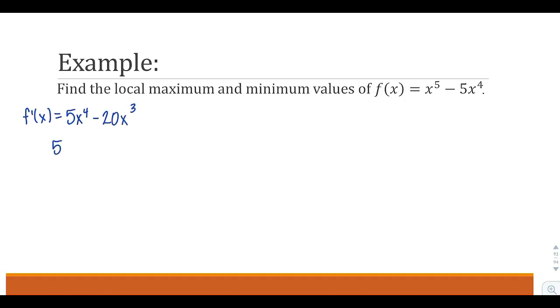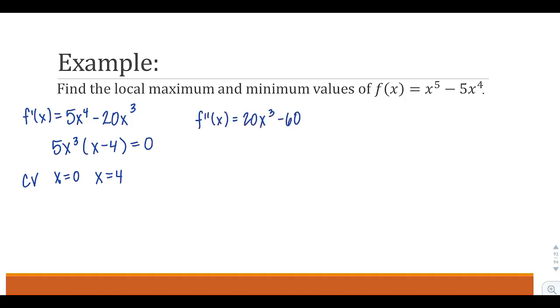I'll factor out a 5x to the 3rd to be left with x minus 4 and set that equal to 0. So I get critical values of x equals 0 and x equals 4. Now, the second derivative is 20x cubed minus 60x squared.